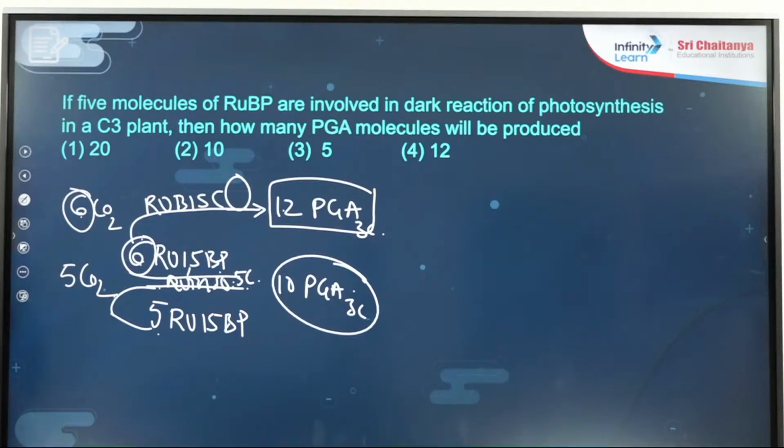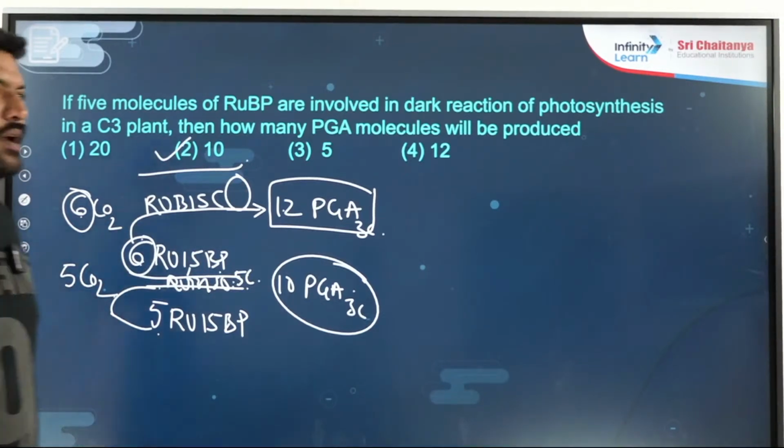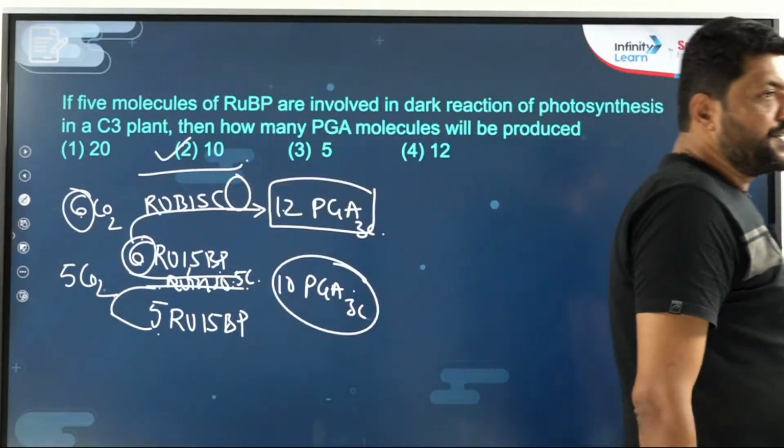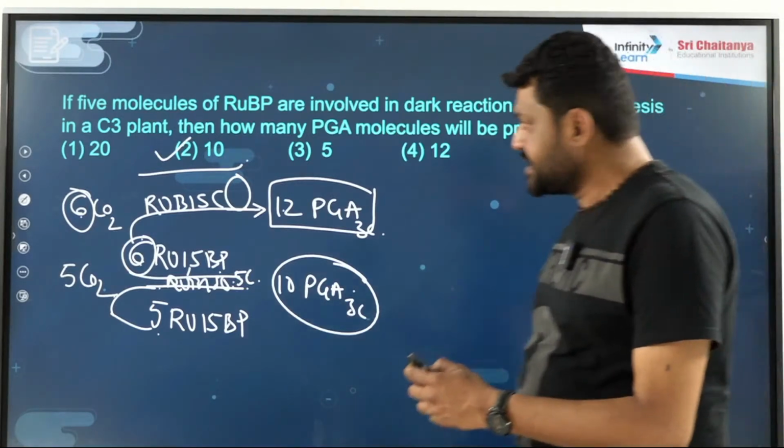Are you getting me? Was it clear? And the answer is second option, that is 10 PGA molecules. Was it clear, students? Shall I go for the next slide? I am going to the next slide.